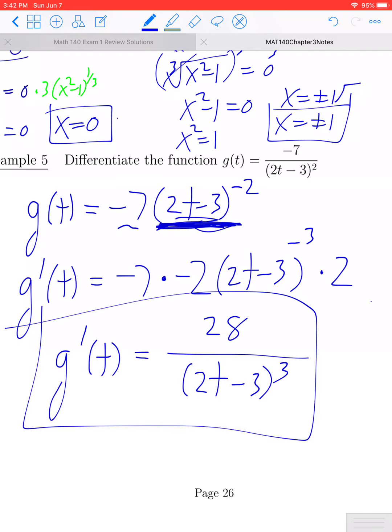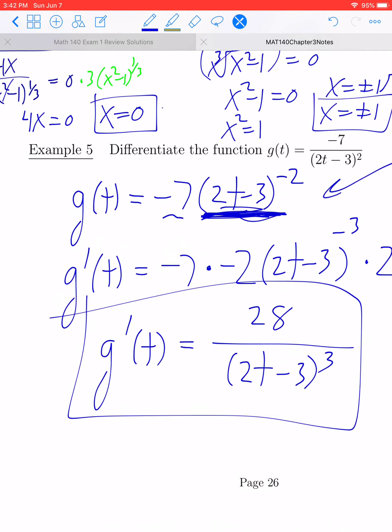It turns out, at least in my opinion, that by doing this rewriting step, it becomes a pretty run-of-the-mill chain rule problem, which makes the computation not so bad. And in my opinion, a little bit easier than doing the quotient rule, because the quotient rule for this one would require a lot of simplification to get down to this final answer.